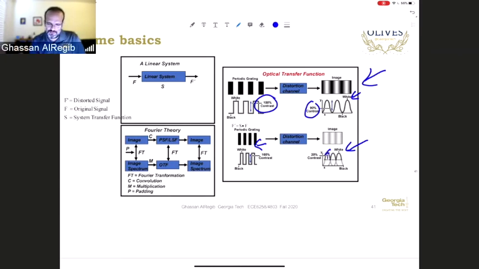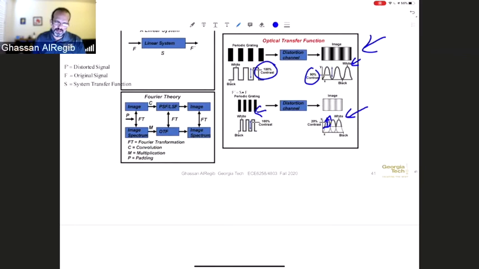You have a contrast of only 20% to differentiate between white and dark or black. That's a very serious problem, because the contrast sensitivity in this optical system is problematic.